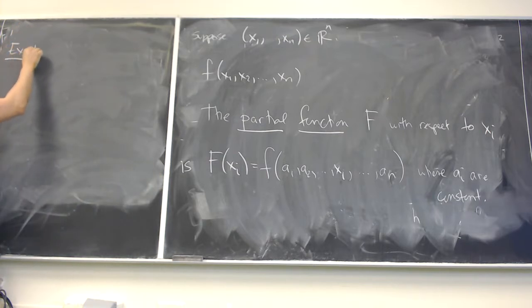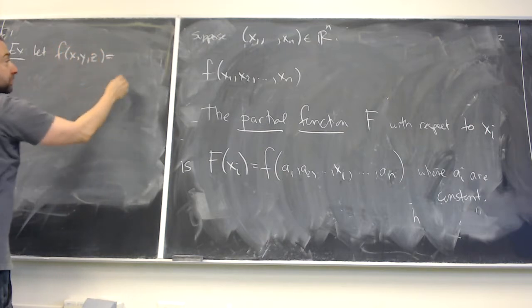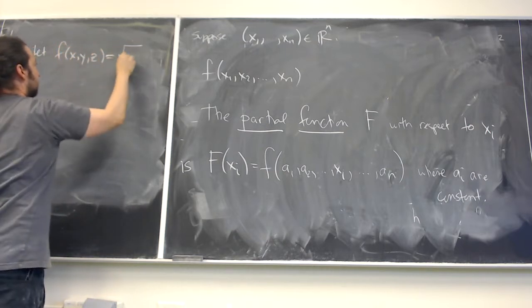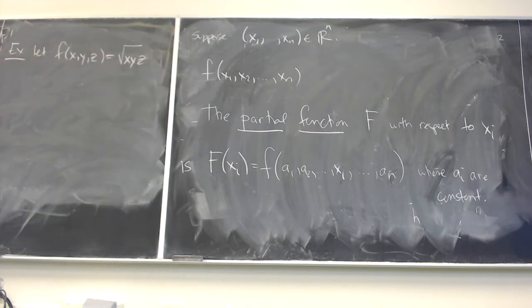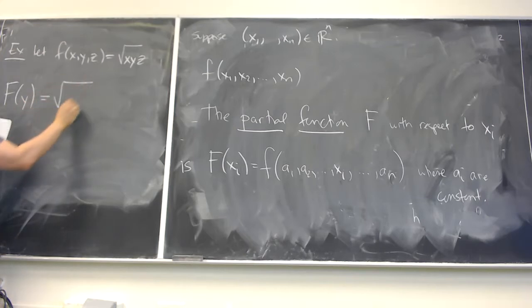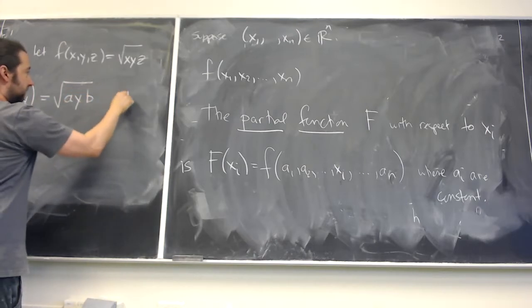Example, let f of x, y, and z be equal to, I don't know, the square root of xyz. That's a scalar valued function of three variables. The partial function of this with respect to y is equal to the square root of a y b, where a and b are constant.